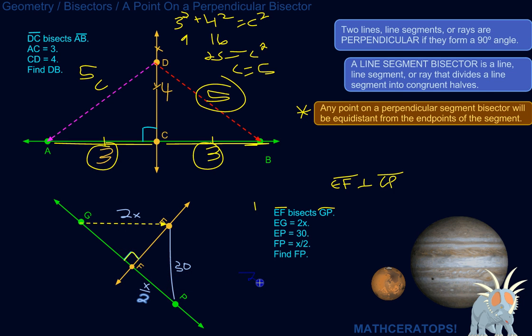So I could say 2x equals 30 by this theorem. Then we divide by 2. So x is 15. The question isn't what is x, the question is what is FP, and FP is x over 2. So FP is 15 divided by 2, which is 7.5.